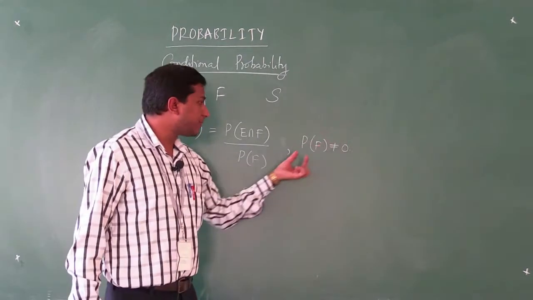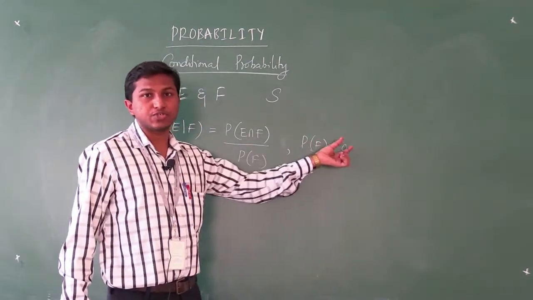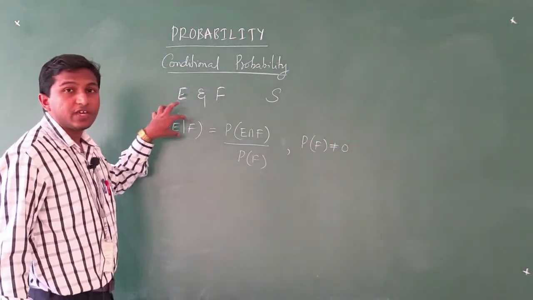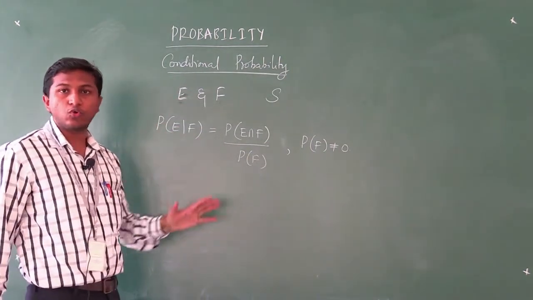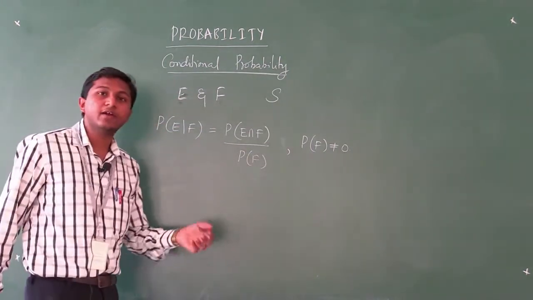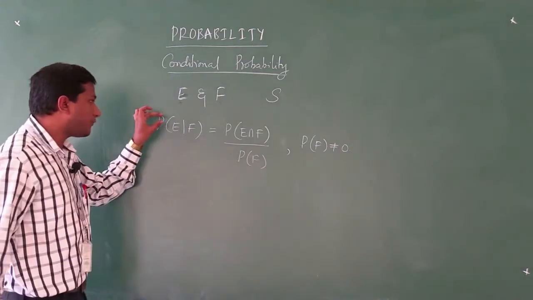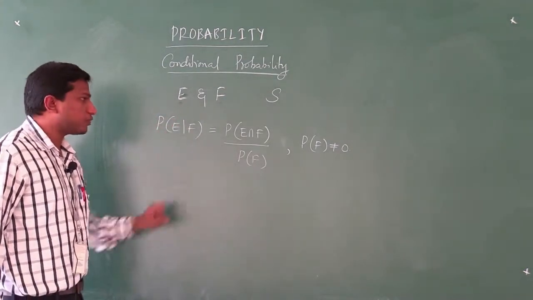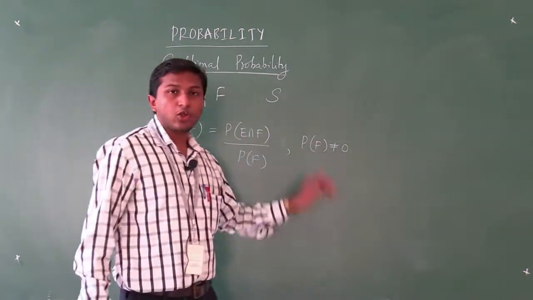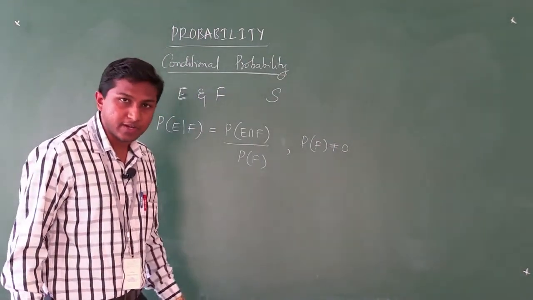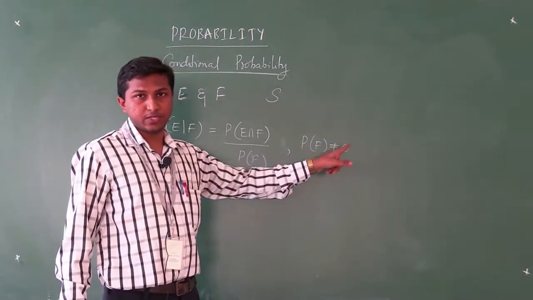If the probability of F is 0, then P of E bar F has no meaning. You cannot define the conditional probability of E with respect to F if the probability of F is equal to 0.